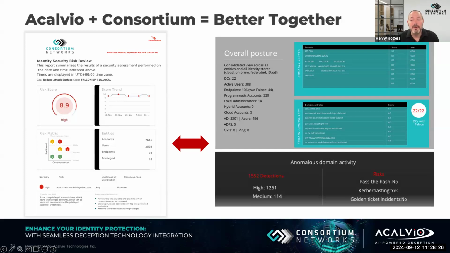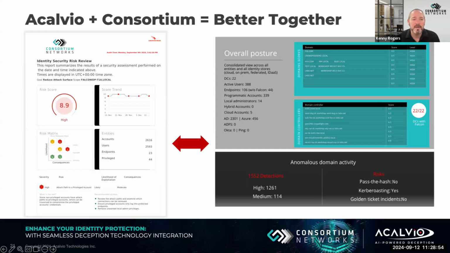We see customers start no-risk 60-day POVs so that Honey accounts and tokens can be deployed in minutes. While the vendor, Acalvio in this case, manages those tokens, defenders are free to focus on resolving the threats discovered during the review. This is yet another tool in our cyber concierge arsenal that improves our customers' security posture.